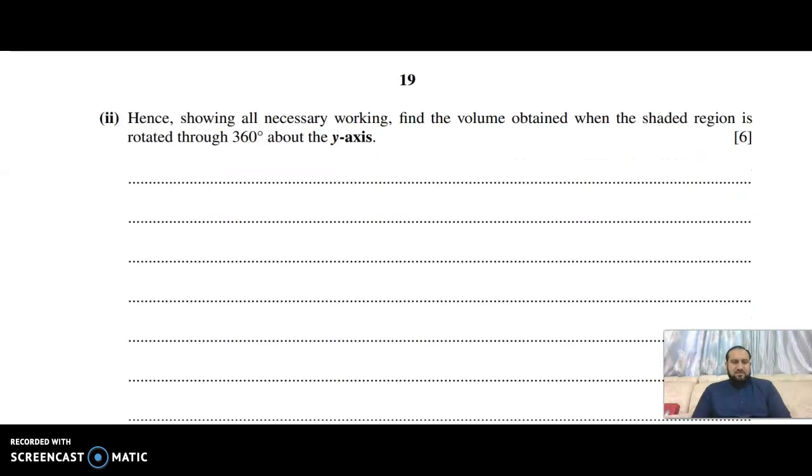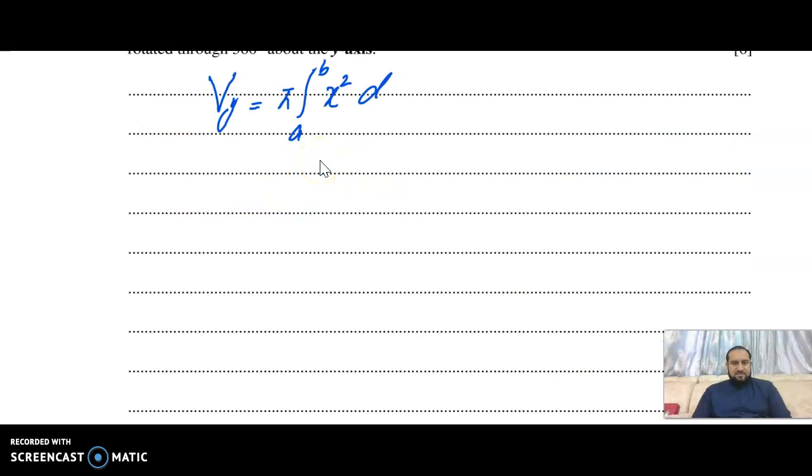So now we can look to the next part of it. It says hence showing all necessary working, find the volume obtained when the shaded region is rotated through 360 about the y-axis. So now the volume along y-axis will be pi times integral a to b x squared dy, when it's a volume around the y-axis.